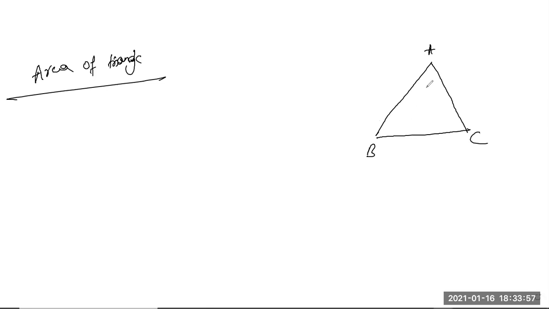In triangle ABC, what is the general formula? If I denote delta as the area of the triangle, the area is half base into height. That is what you know. So here, if A is the base, then what will be the height?